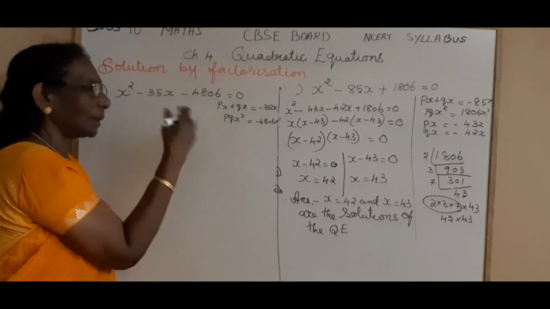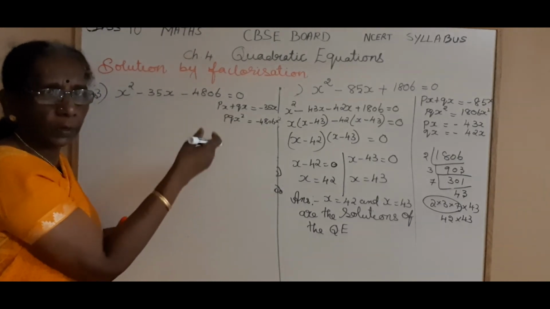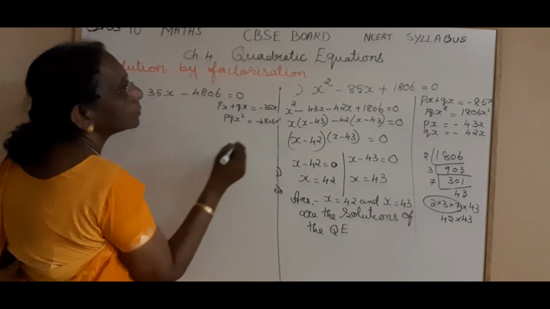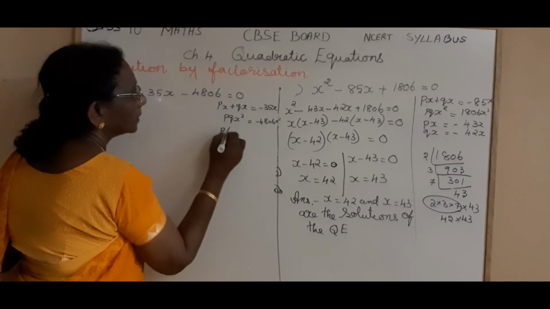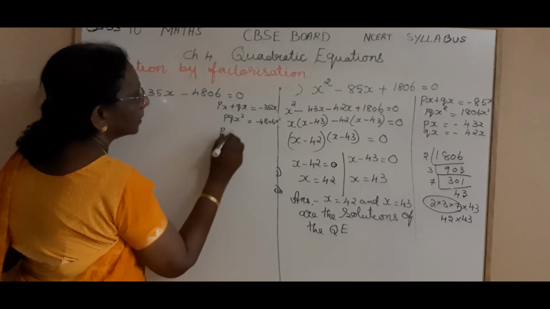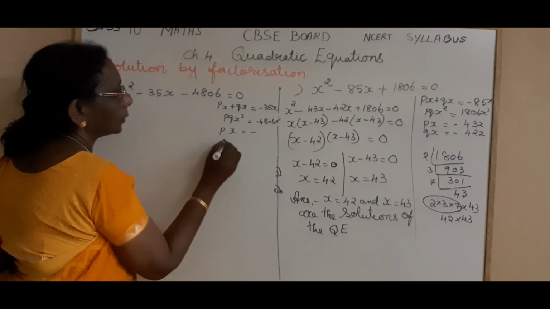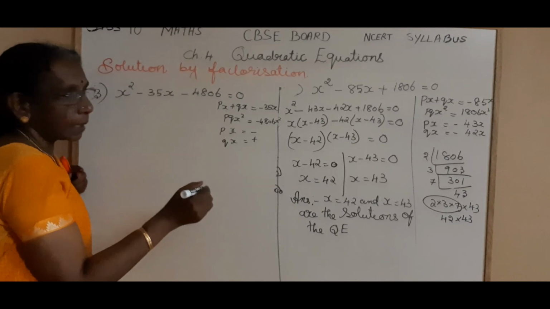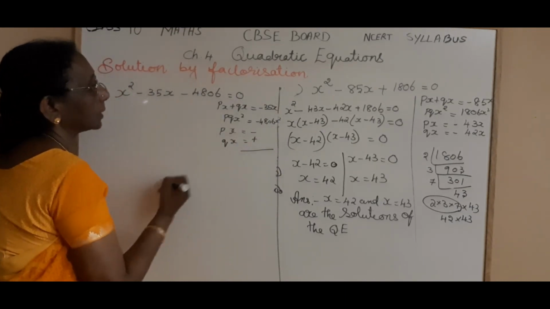If you are thorough with that, no need to write. You can do it in mind as I told earlier. Now here, px should be negative, big number, and qx should be positive. Okay. Then only when you add, you will be getting a negative answer.